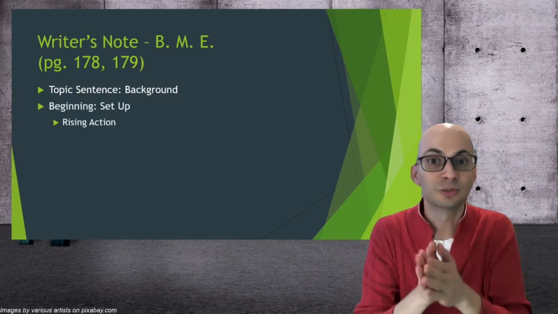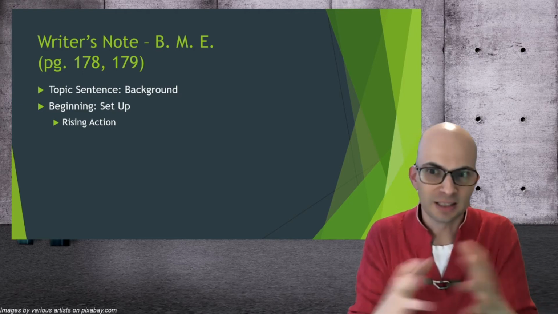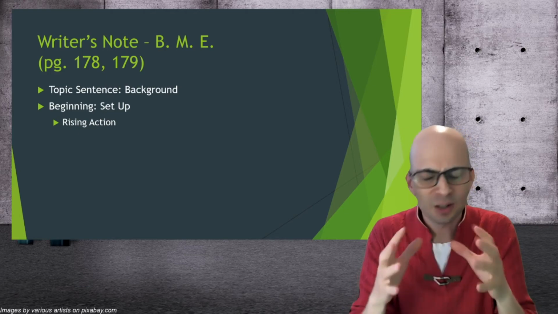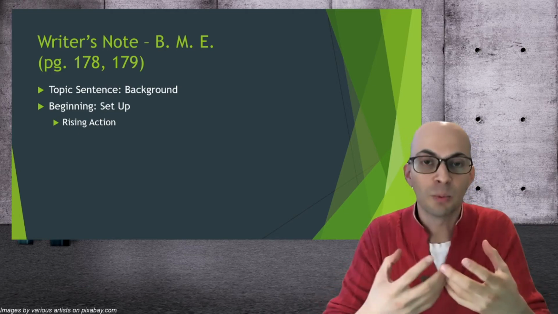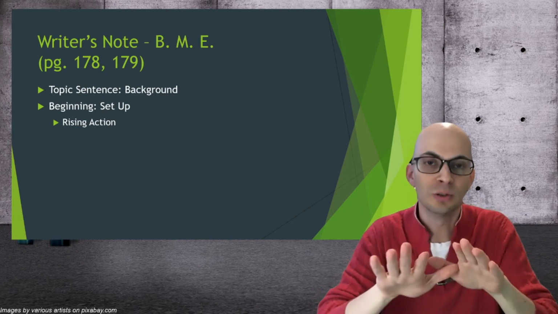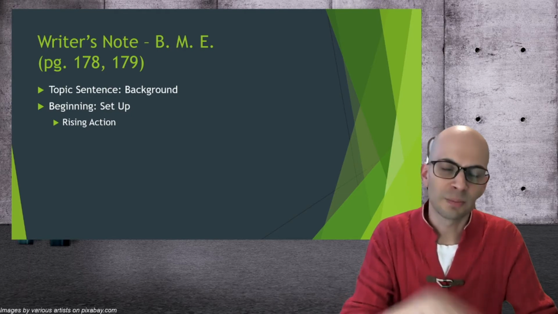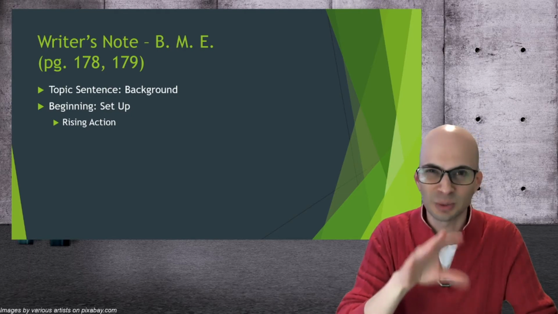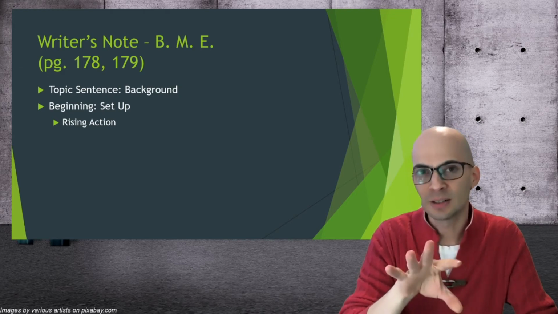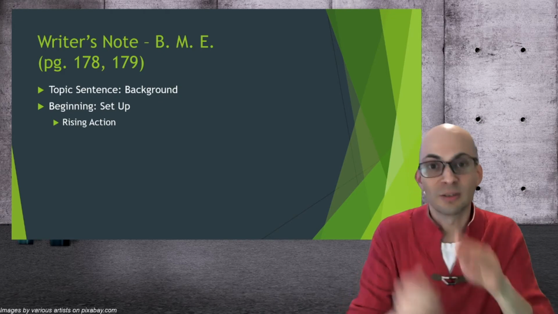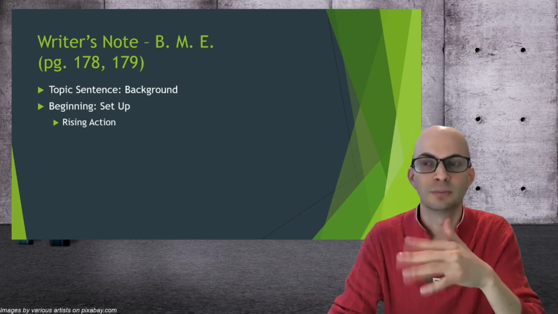Then the story starts. And I have here beginning, which is setup. But in stories, the beginning just kind of sets up what is going to happen into what we call the rising action. In our paragraph here, it doesn't really go into rising actions and falling actions, but I wanted to add it in here just so you know the 5 real steps of a narrative story, right?